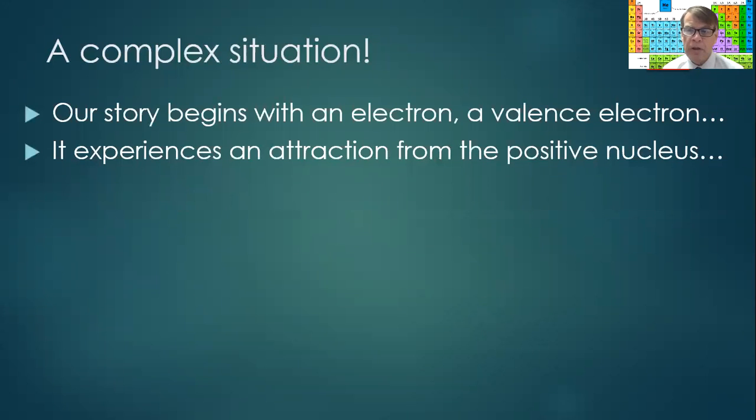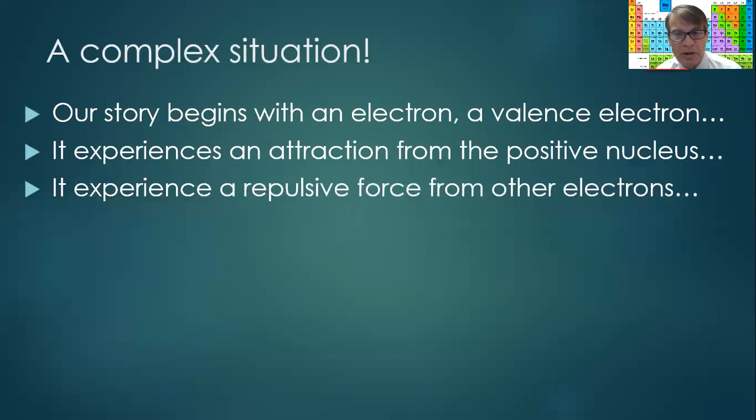Well, Mr. Electron out here is experiencing an attraction from the positive nucleus. We've got a negative electron experiencing opposites attract, right? You have a negative electron out here in the valence land experiencing attraction from the positive nucleus.